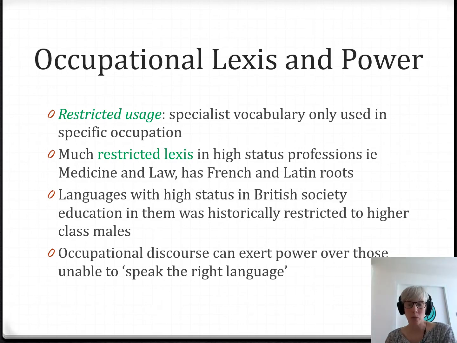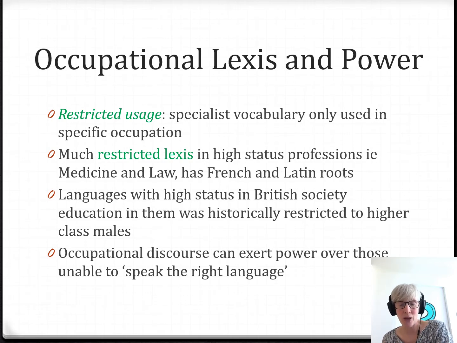As we've talked about quite a lot, this means that there is a certain level of power within the profession when it comes to using that language. If you remember, we looked at law and medicine in particular for what is called restricted usage and restricted lexis, and how in these older, high-status professions, lots of the language comes from French and Latin roots.